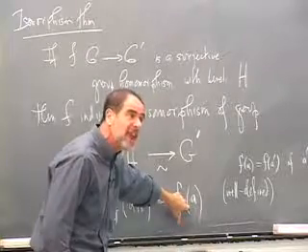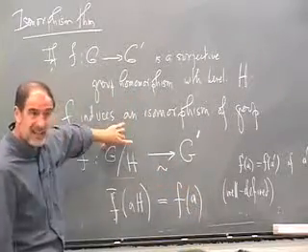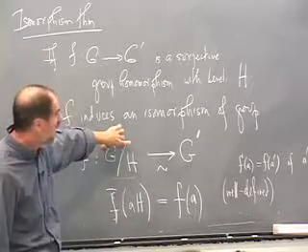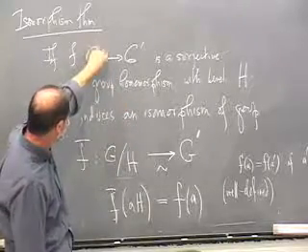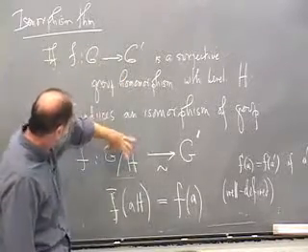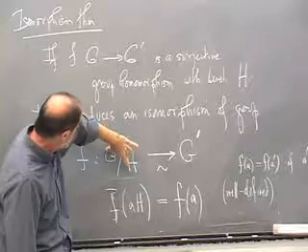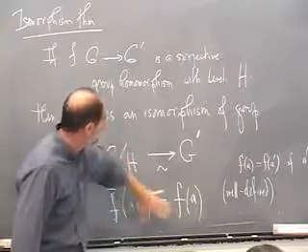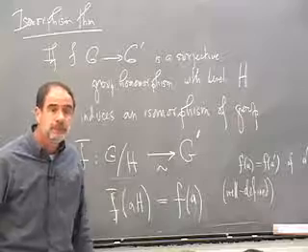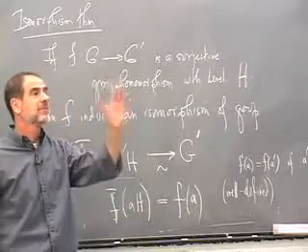So the only things that map to the identity in G prime are in the coset H, which is the identity element of this group. So I've got a construction that somehow collapses the kernel down and makes a new group where now I have a trivial kernel and the same essential homomorphism.